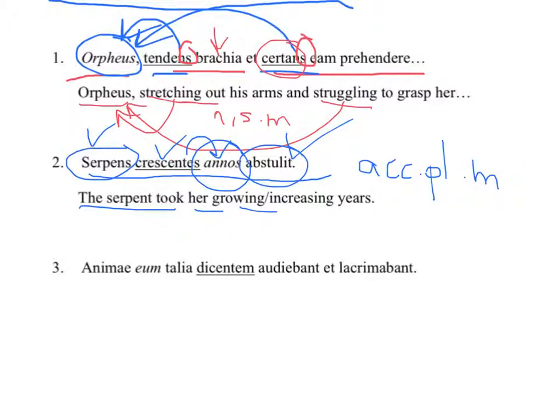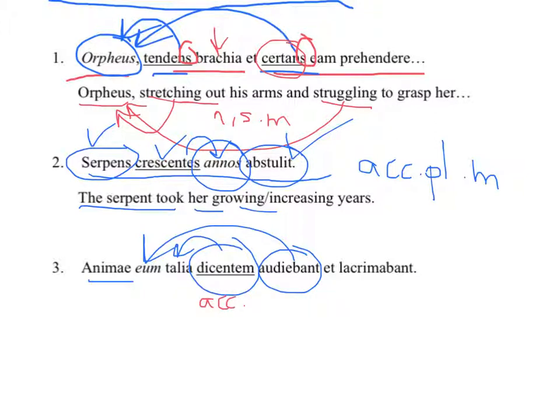The third example says, the spirits were hearing him speaking such things. The spirits were listening to him speaking such things. Dicentem is in the accusative, singular masculine. It's an adjective. It's a participle.